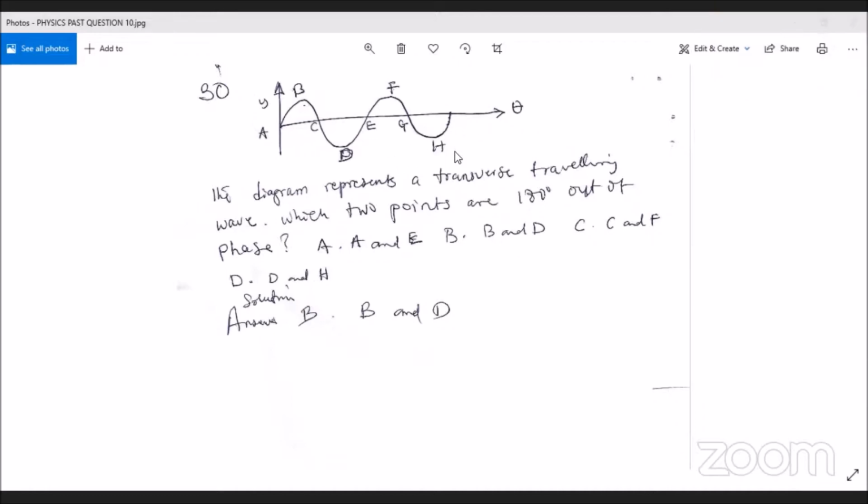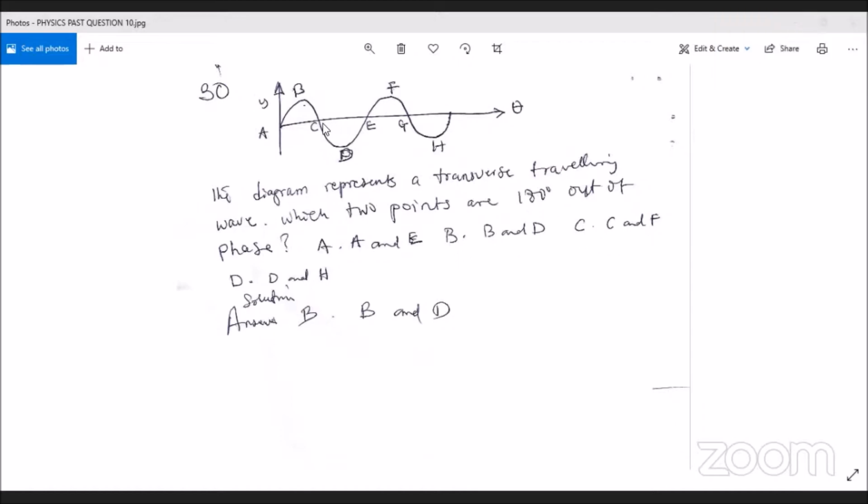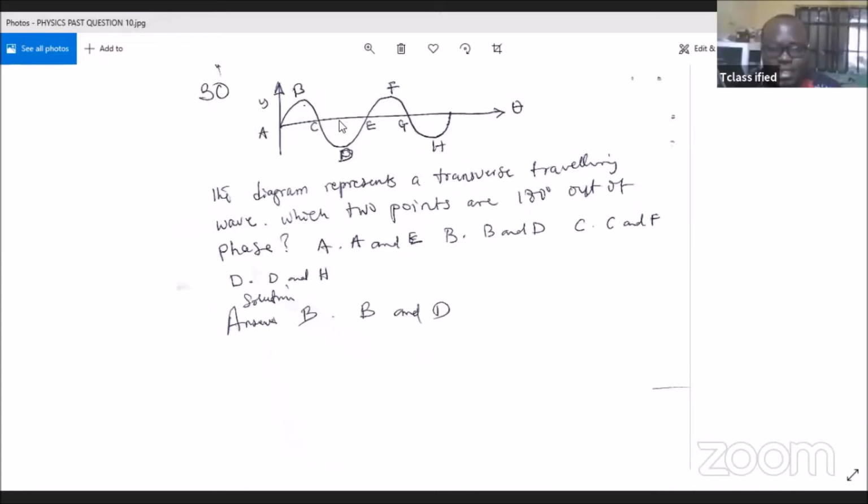Okay. So the other ones that are not the same, you have B and D. This is where B is, and this is where D is. Okay, we have C and F too. This is C, this is F. So this cannot be because they are at... Are you looking at this sketch? From here to here is 90.